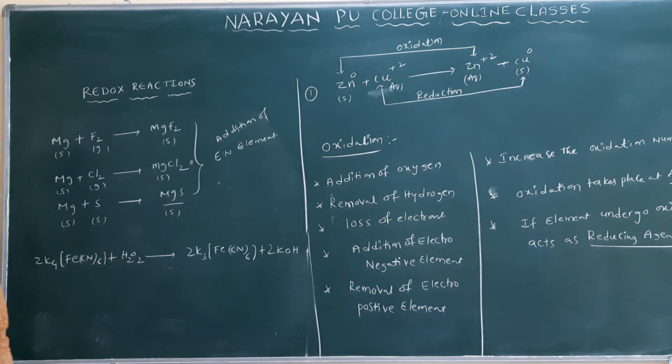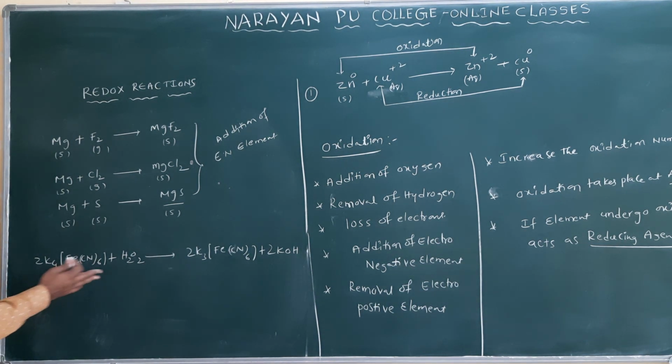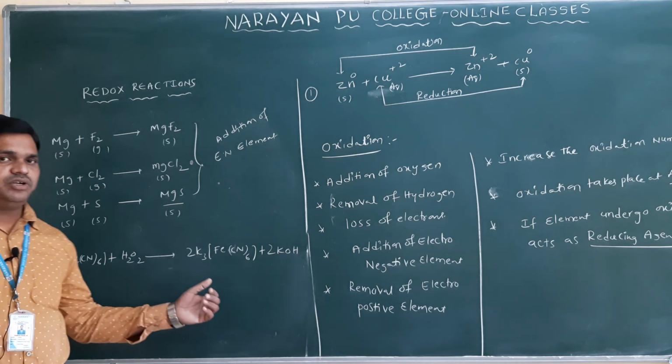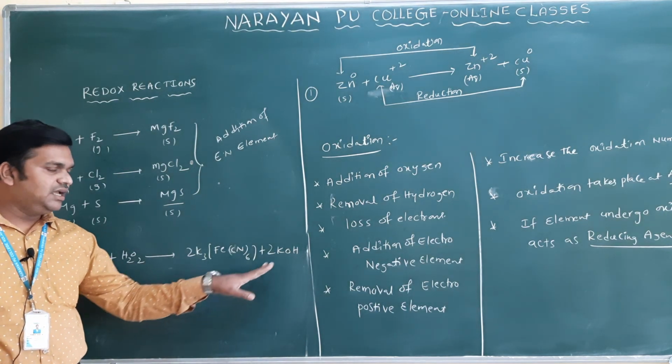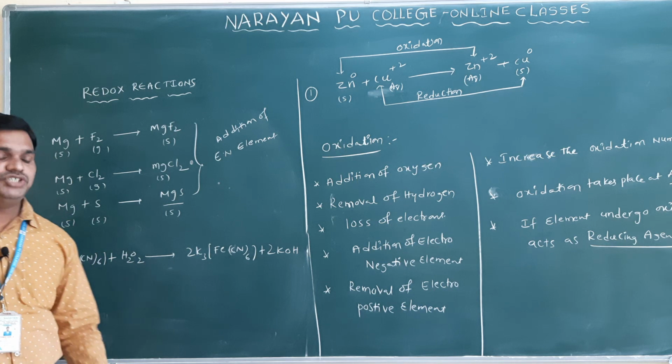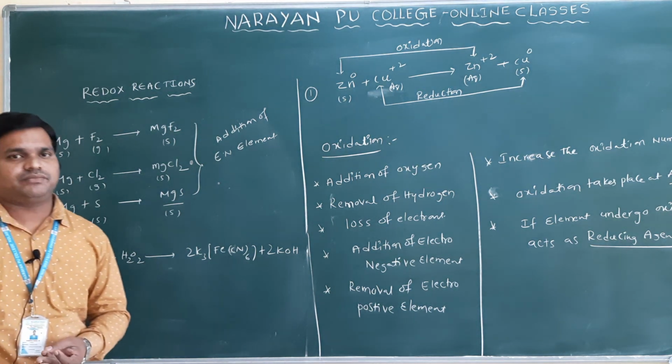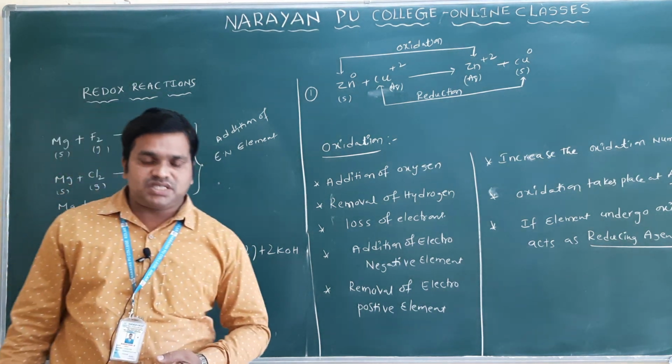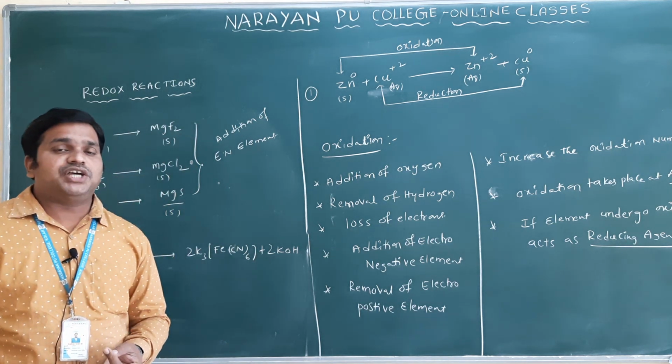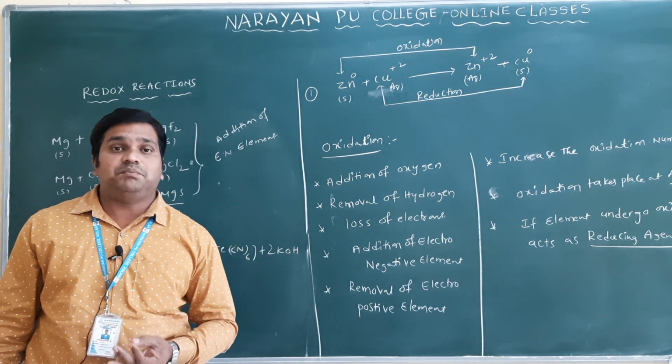In this reaction, potassium ferrocyanide reacting with H2O2 forms potassium ferricyanide and potassium hydroxide only. So generally potassium is a metal only.